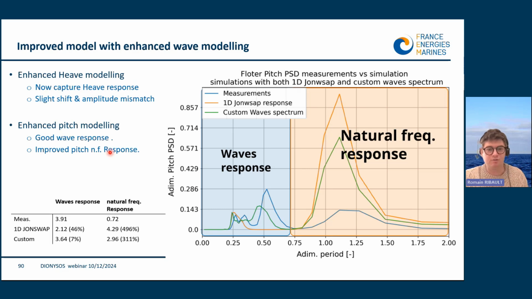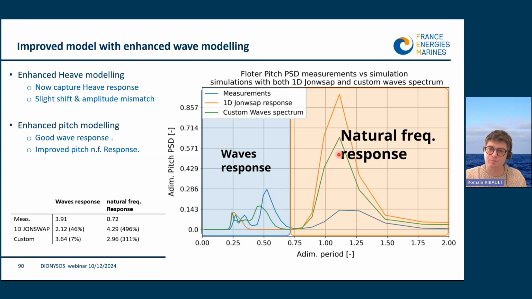We can also have a look at the pitch, and it also improves the modelization for pitch on this specific sea state. We can see that now we model the two wave peaks. We have a two peak response as for the waves, here around the same frequencies.